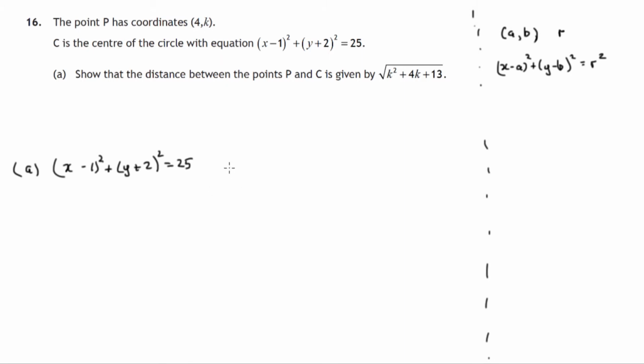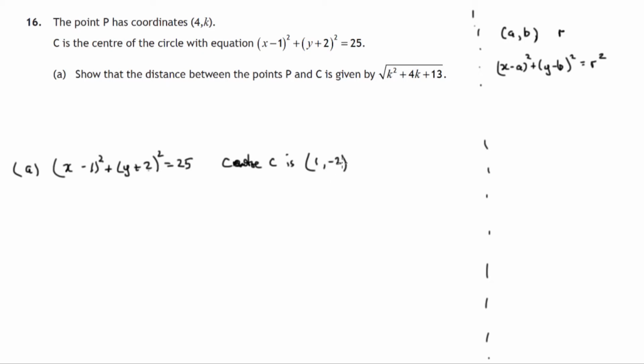So in this case, we know that the centre C is (1, negative 2). Compare that with (a, b), x minus a, y minus b. We would have to be minusing negative 2 to get a plus 2 there.